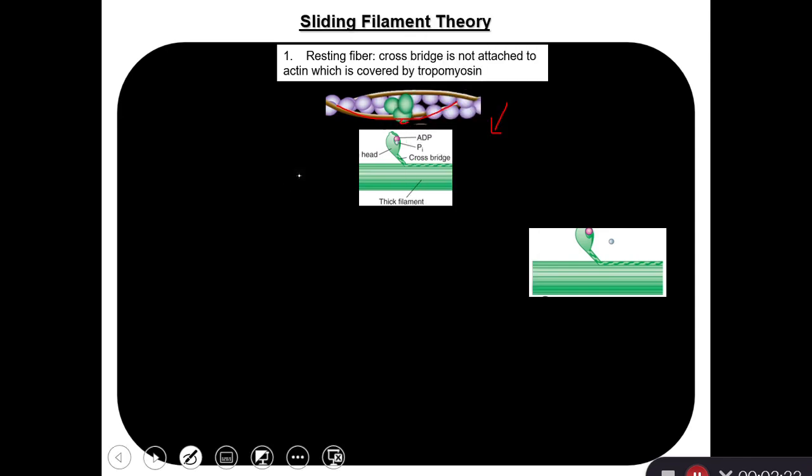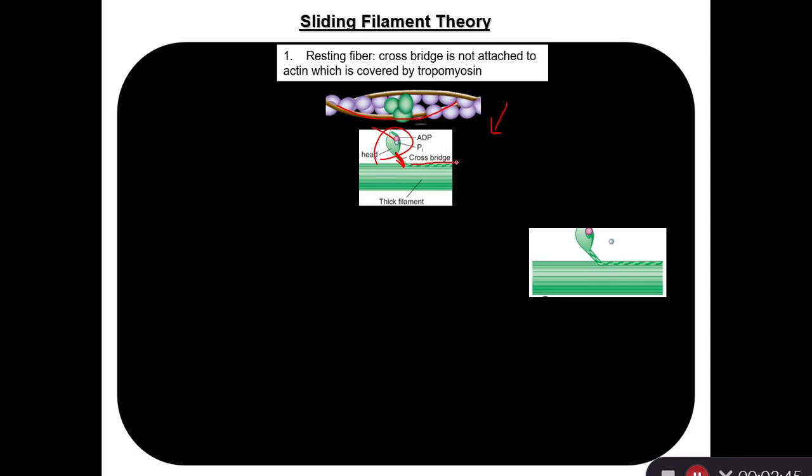And here is the thick filament myosin. This is the myosin head. It has two sides. One side to attract actin, the other side is for ATP. This part between the head and the thick filament is the cross bridge.